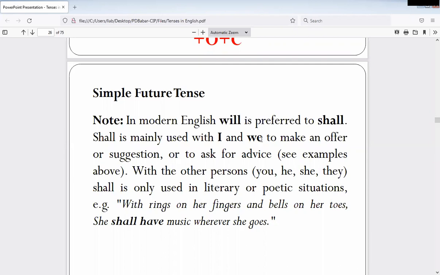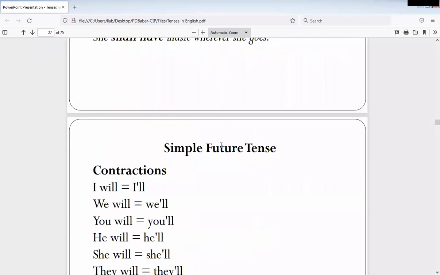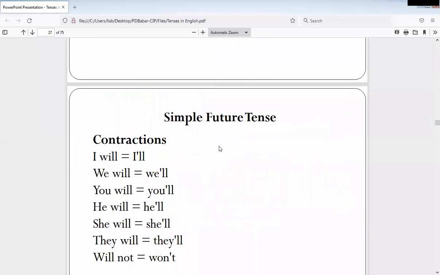Shall and will have different uses. Shall is only used after I and we, and will is used only after he, she, it, they, and you. So keep this in mind. Also, we have discussed about the contraction.